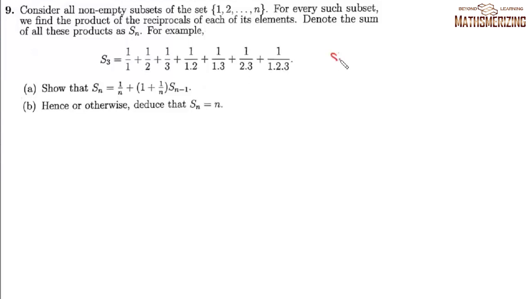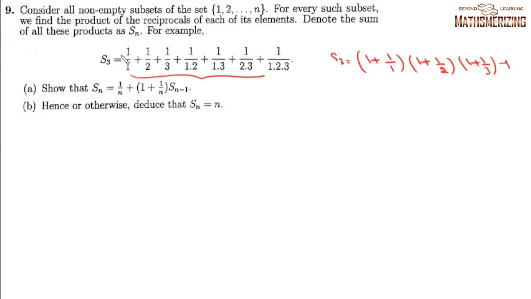Now we can write this S3 as (1 + 1/1)(1 + 1/2)(1 + 1/3) minus 1. Now this product has all these elements.